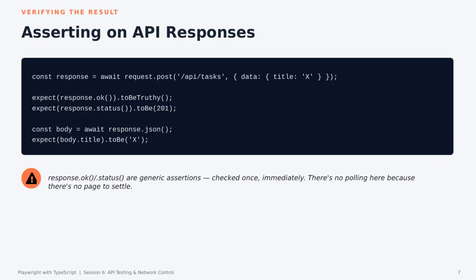Worth calling out, response.ok and response.status are generic assertions, checked exactly once immediately. There's no polling happening here, and that actually makes sense if you think about it. There's no page that needs to settle, no rendering to wait on. The response either came back the way you expected or it didn't, right now.